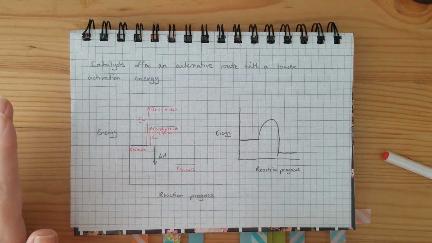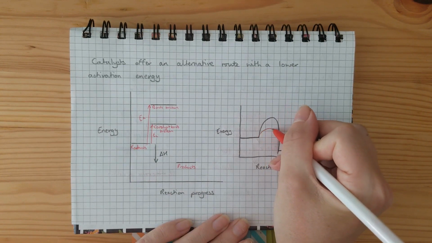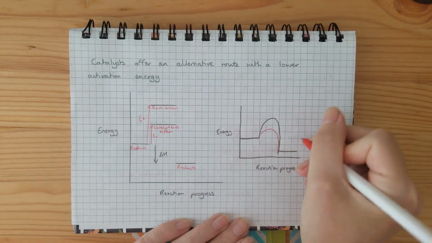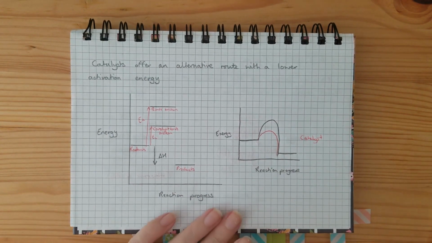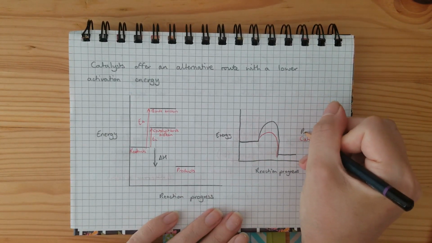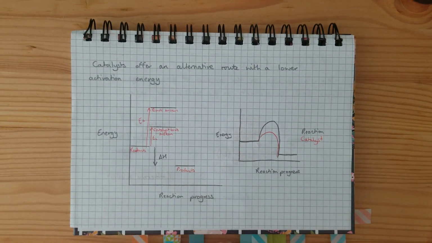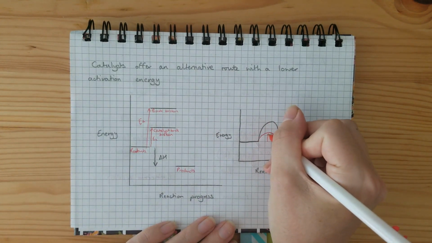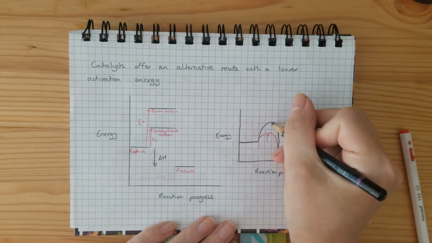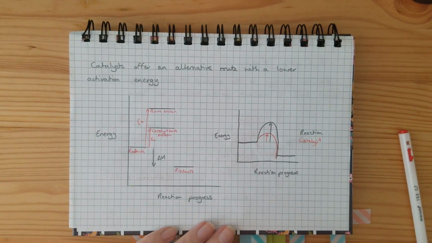The catalyst one would be shown as a lower curve. So our red line would be with our catalyst, and our pencil line would be our normal reaction. In the same way, if it's a curve, our activation energy is shown between our reactant line and the top of the curve. So that would be our difference in activation energy.